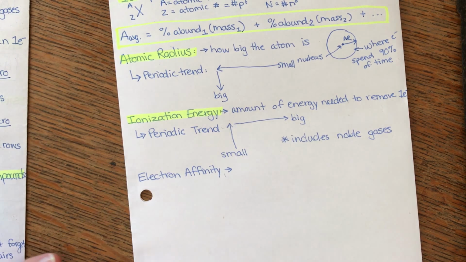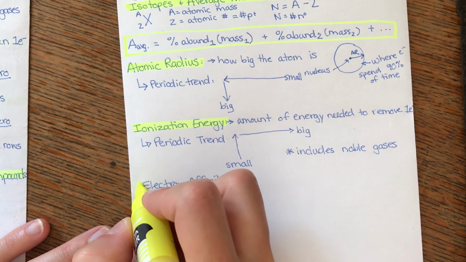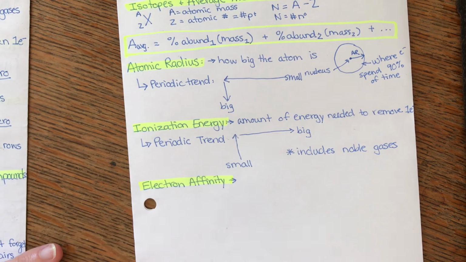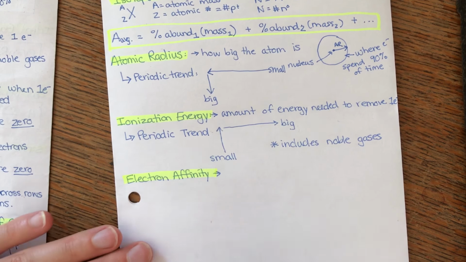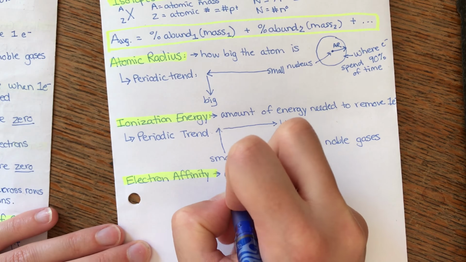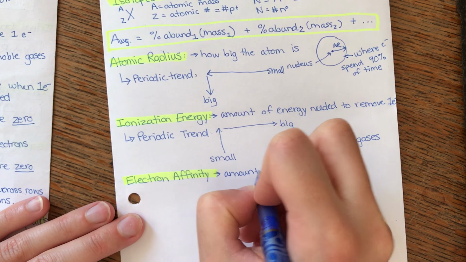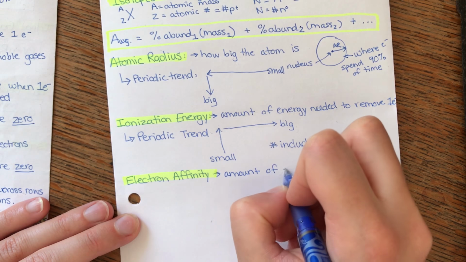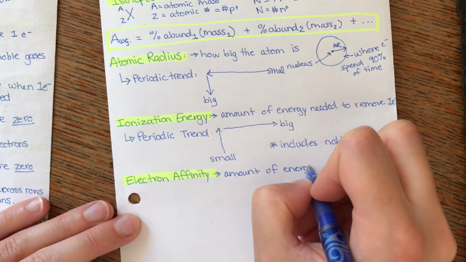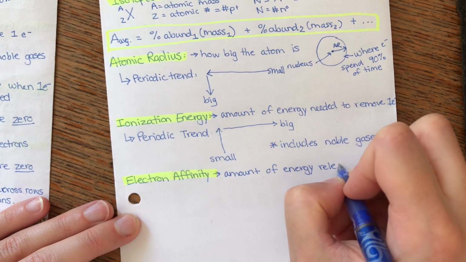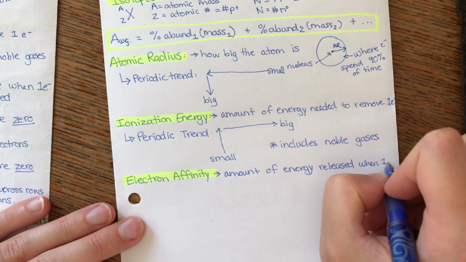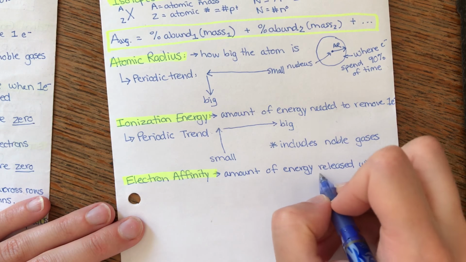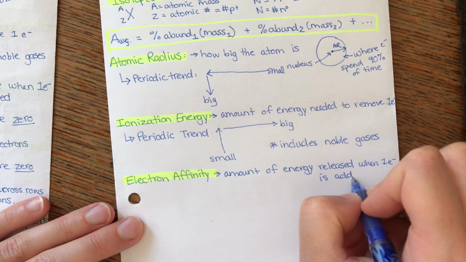Then we have electron affinity. Electron affinity is the amount of energy released when one electron is added.